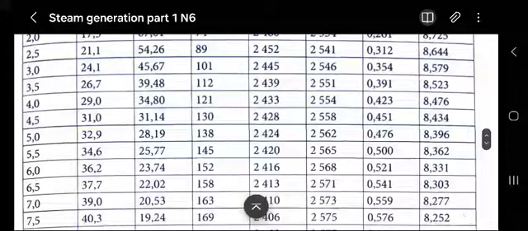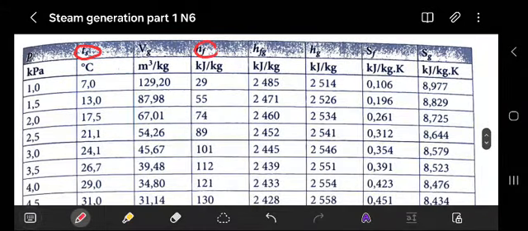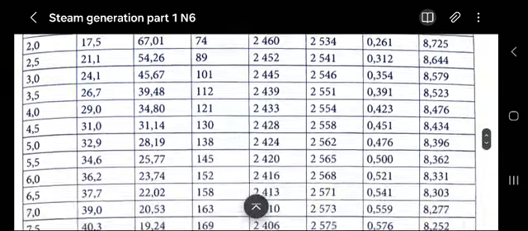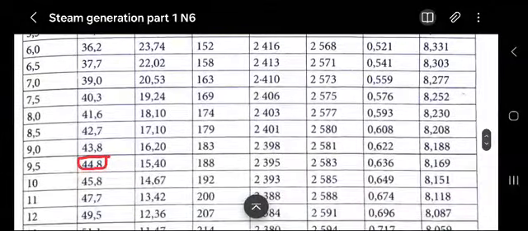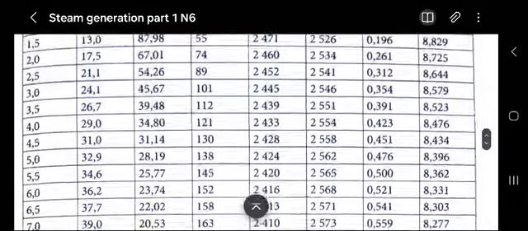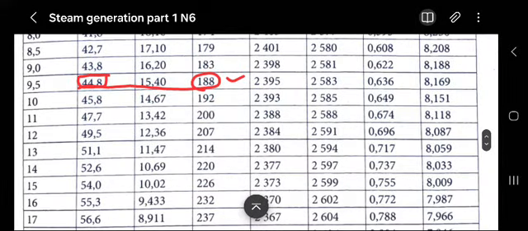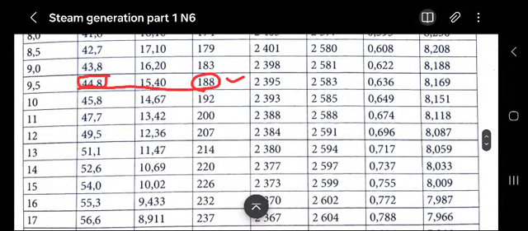We want HF. Here it's HF in this row going downwards. Let us check what is that in this row. Here it's 188 we have there. As you can see, this is what is HF. Fine, we have that.